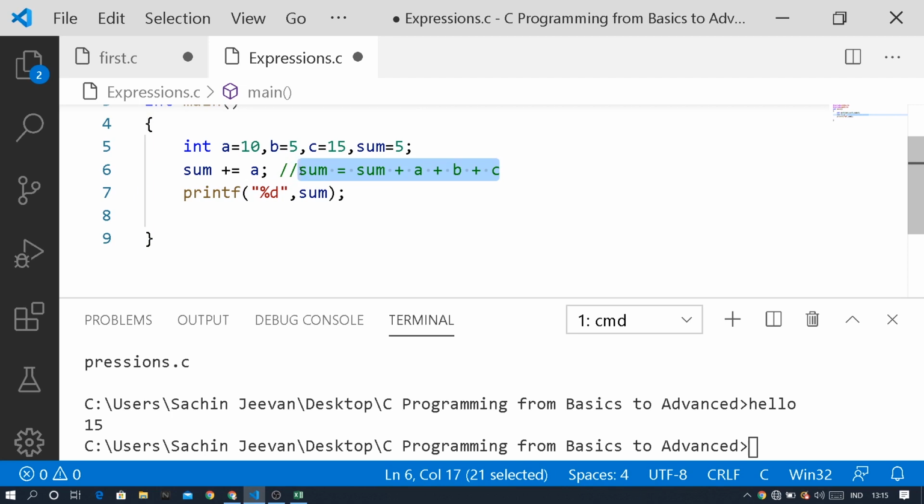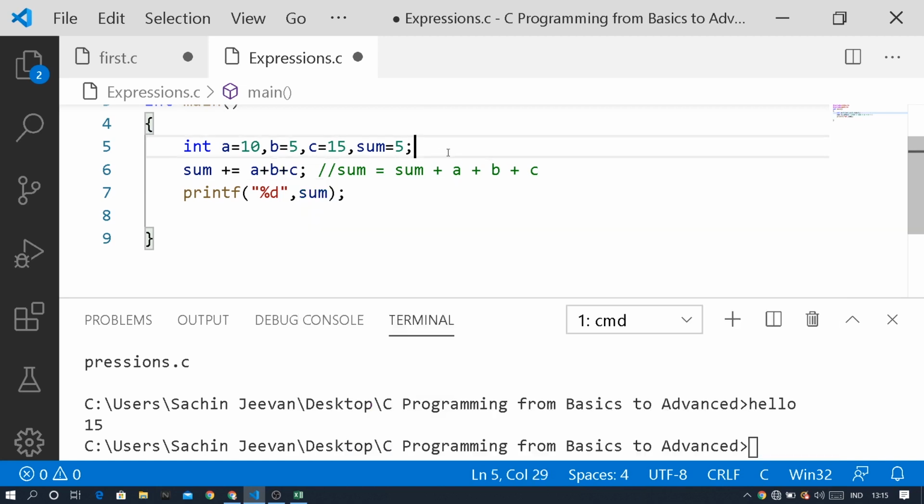Then what you do is, whichever variable occurs on both the left and right side, write it on the left side, then plus equal to, then write all the other remaining variables. That is the procedure. Whichever variable is common, write it on the left side, followed by plus equal to, depending on the operation that you are doing. Then follow it with what you are going to use, a plus b plus c.